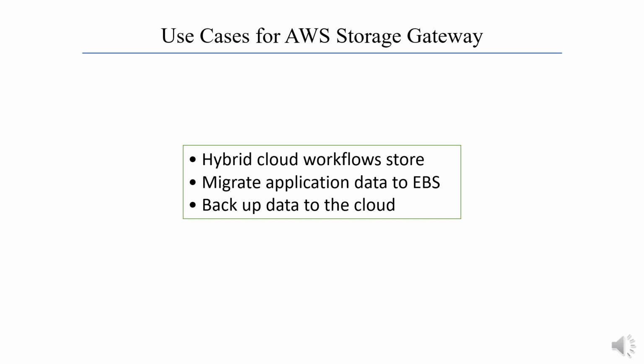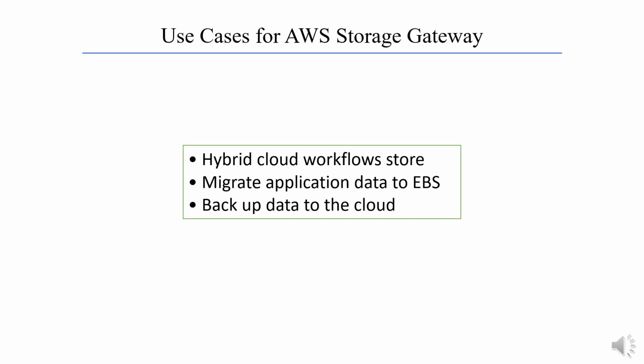Hybrid cloud workflows store. File data as objects using data generated by on-premises applications for processing by AWS services such as machine learning or big data analytics. Migrate application data to EBS.